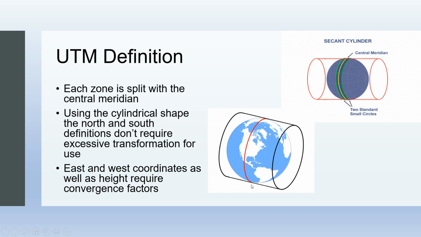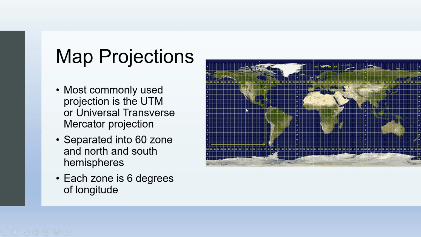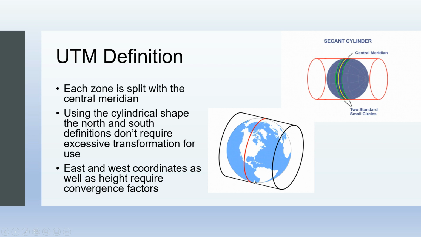Now, if you take that individual zone, the meridian, so the middle of the zone, not this line, the middle of the zone, that's where you place this cylindrical shape. When you place that cylindrical shape in the middle of the zone, you create the central meridian, and you also create these two smaller circles, which is basically how you get the flat plane.